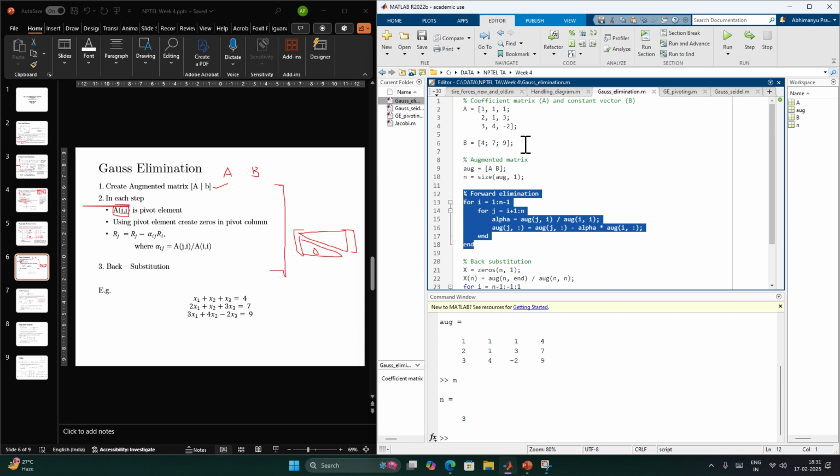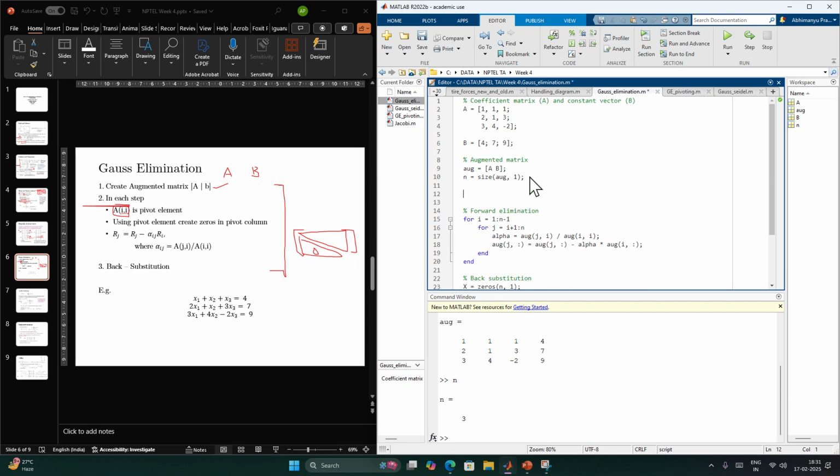I've written a general purpose code, so you just need to enter any A and B matrix and this code will run. But first we will try to see it single row wise. Let us try to see it for the second row.